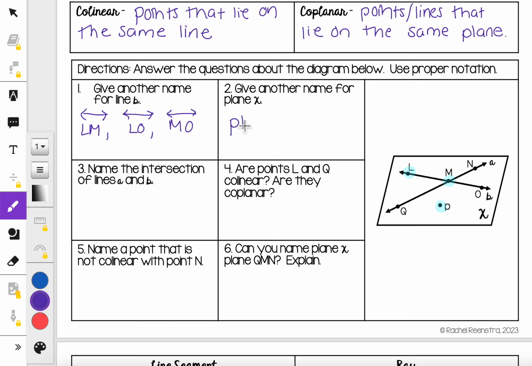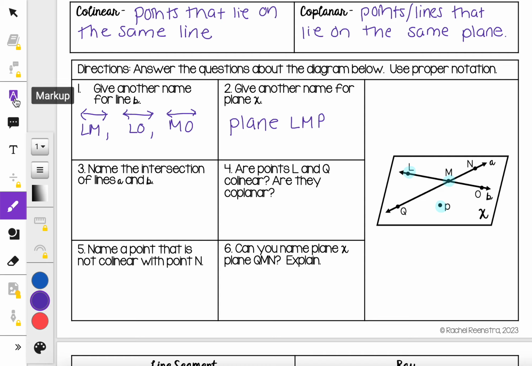So I'm going to call this plane LMP. Okay, with planes, we just write the word plane and then use those 3 non-colinear points. Again, there are a lot of options here. I could say plane LMQ. I could say plane NOP. I could change the order, so plane PML, all of those would be acceptable.